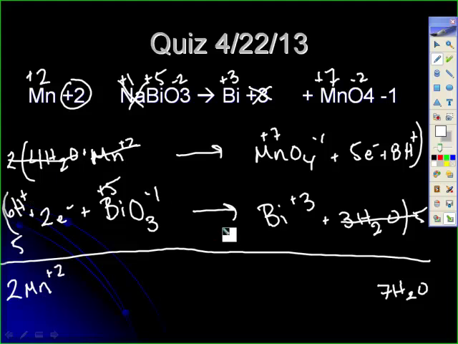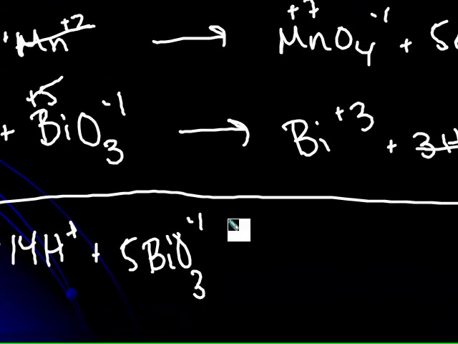So that's done. I have 30 H pluses on this side and 16 on this side, so that means I have 14 H pluses left over. So 30 and 16. I have 5 BiO3 -1s.